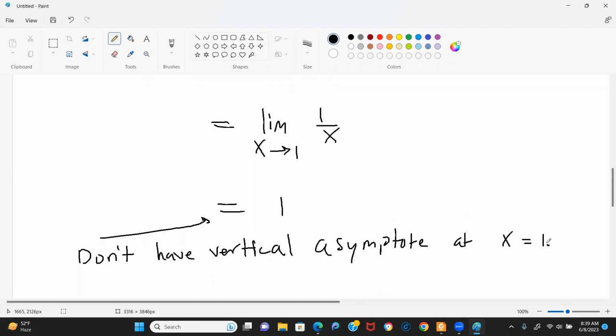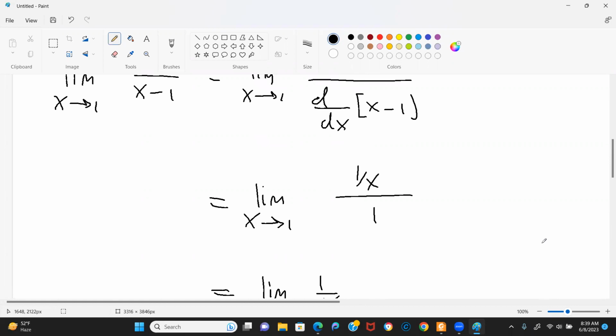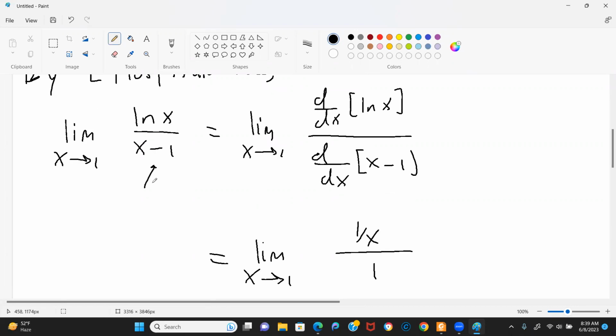There's no vertical asymptote. So if you had no feelings as to what the graph of this function looks like, and you had no idea whether or not it had a vertical asymptote, now you know it doesn't, and that would be really helpful in graphing this function.